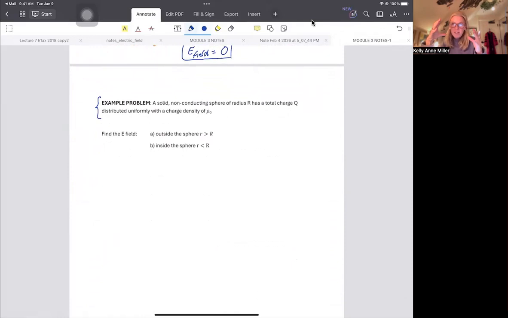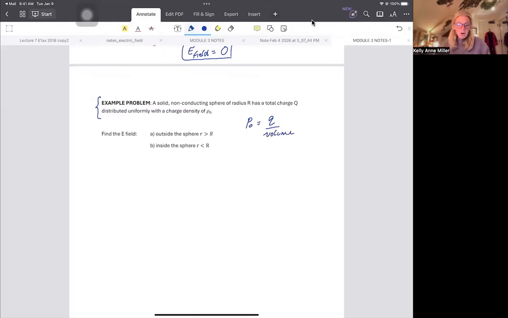It's a solid sphere of radius r and has a total charge q, uniformly distributed throughout the sphere, with a charge density of rho naught. So rho naught refers to the amount of charge, that total charge divided by the volume.